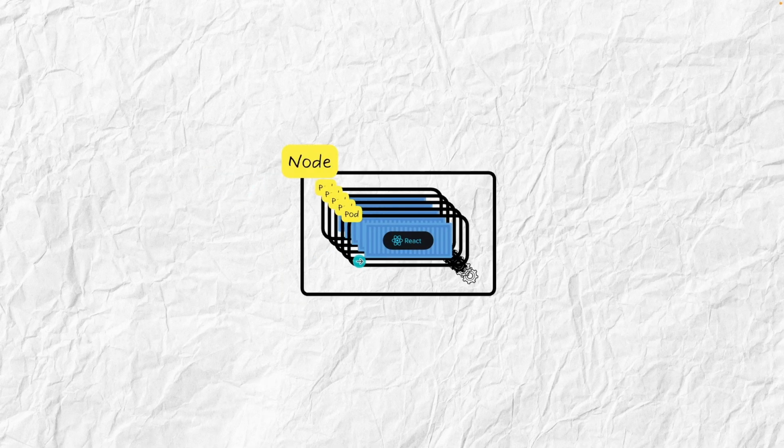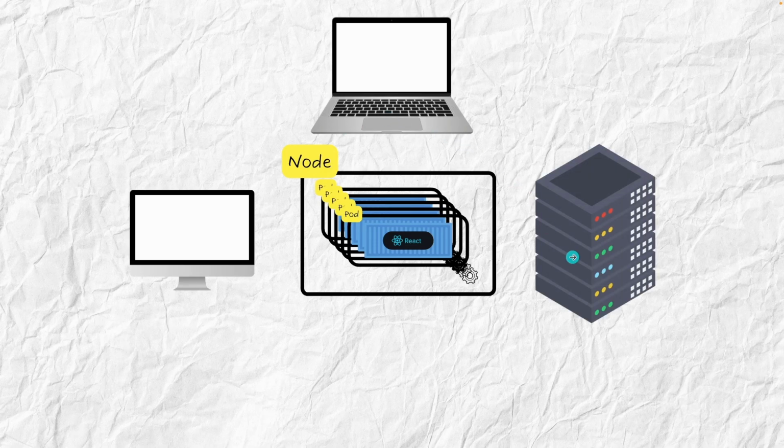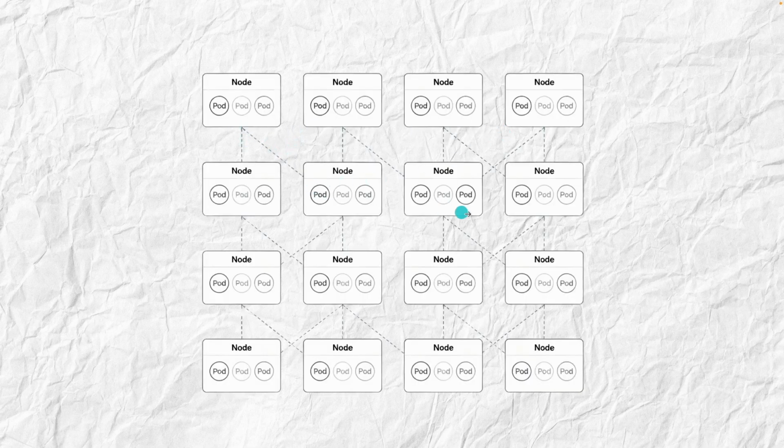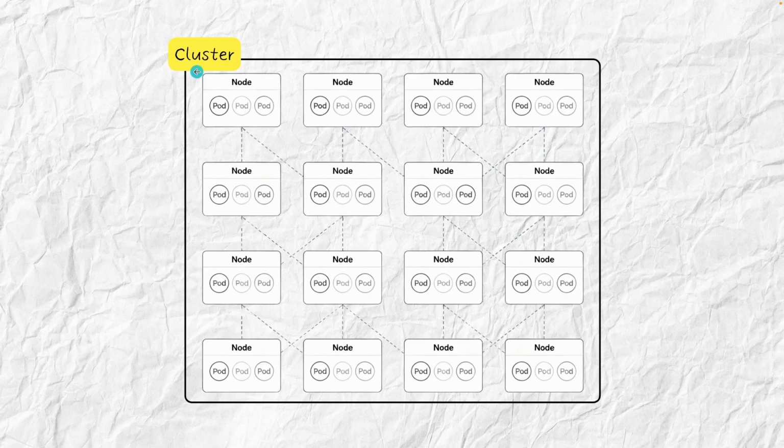That's a node, your actual computer, laptop, or server. When you run Kubernetes on your laptop, that is your machine, then that is the node. In big setups, there are a lot of nodes. But remember this, one node is just a start. Together, all the nodes form a cluster. That means a team of machines working together to run your whole app.